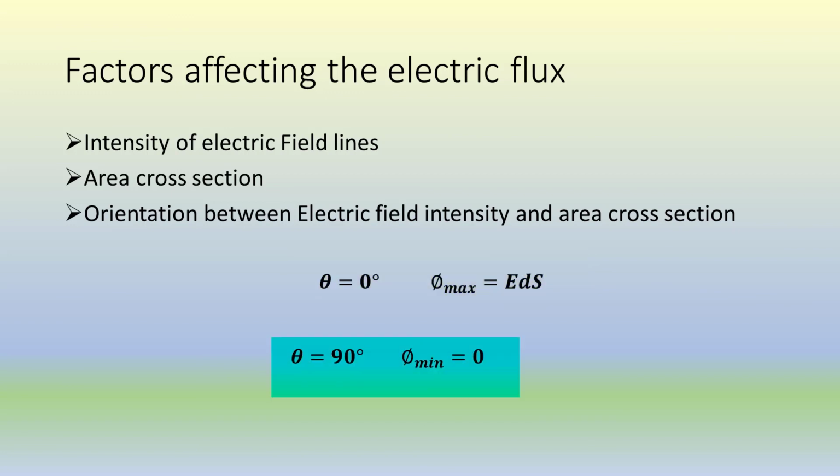But if the electric field lines and the area cross section are parallel to each other, it means the angle between them is 90 degrees, then no flux will pass out of the enclosed surface. We will explain this with the help of an activity.